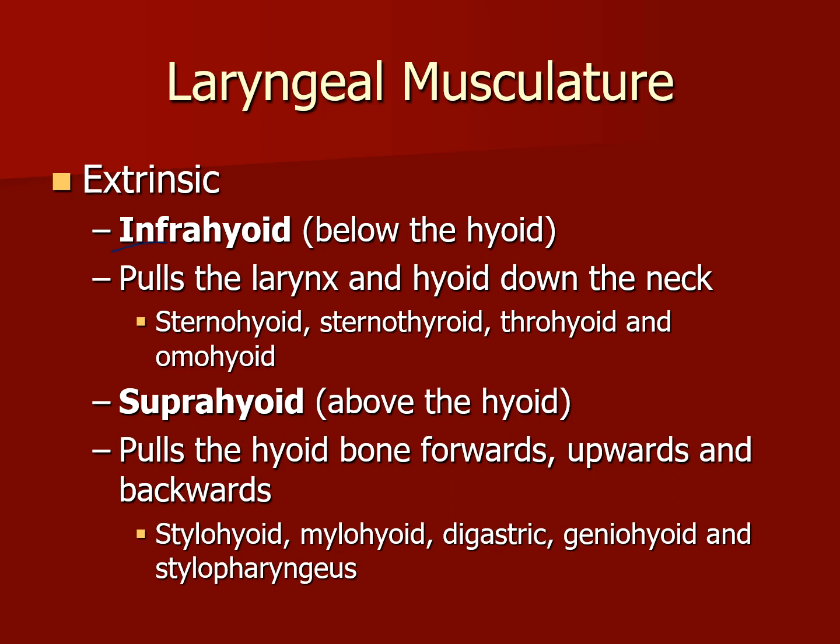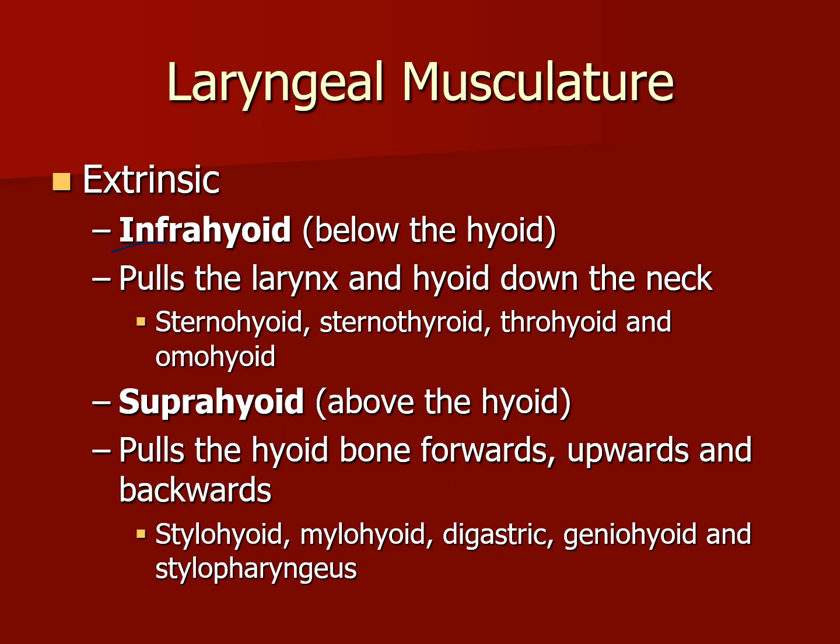It pulls the larynx and the thyroid down the neck. So this is going to be your sternothyroids, sternohyoids, thyrohyoids, and your omohyoid. I probably will not test you on this area.